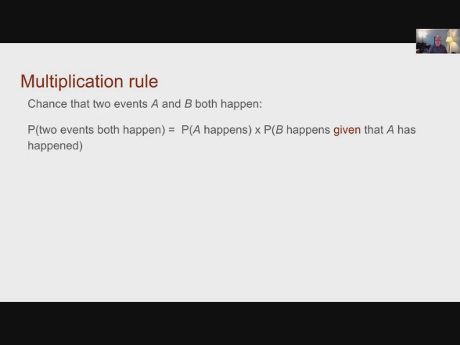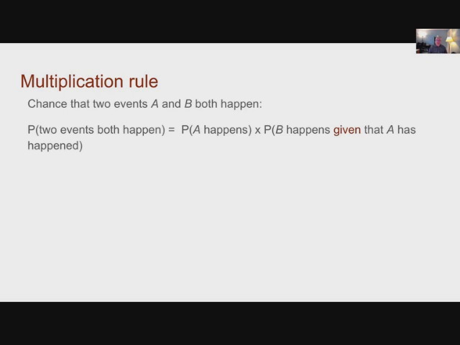Then we multiply that by the probability that B happens, and this is important, given that A has already happened. The reason is that for A and B to both happen, A will have had to have happened. So if we calculate the probability of A and then the probability of B given A, and multiply the two together, that gives us the probability that both A and B happen together.